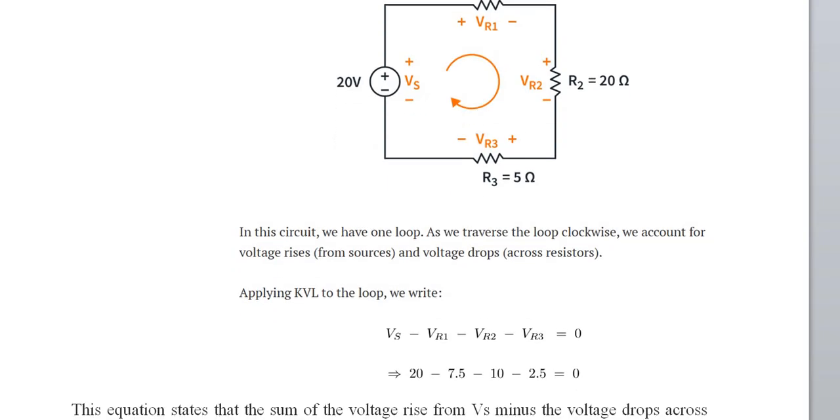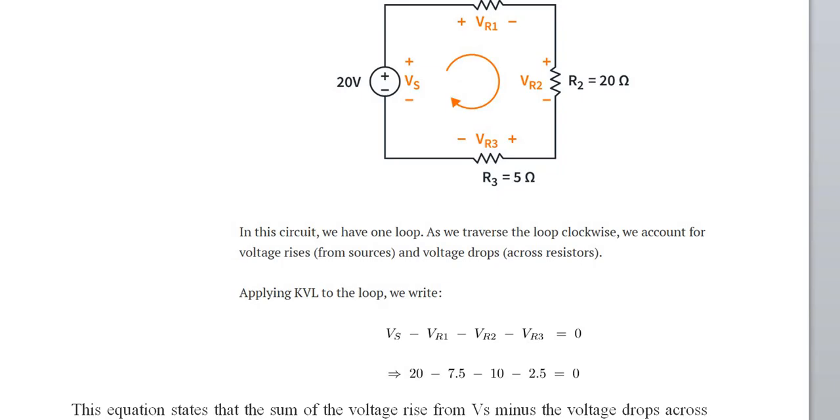Applying KVL, in the loop we write Vs, then minus VR1, then minus VR2, and minus VR3, and the voltage source is taken from minus to plus, which has been determined as positive.